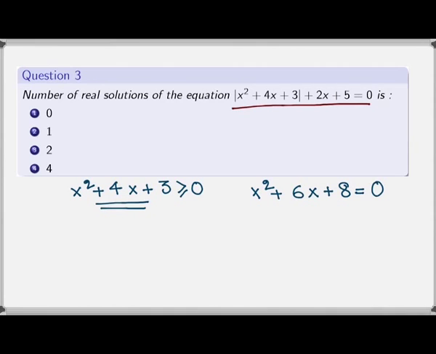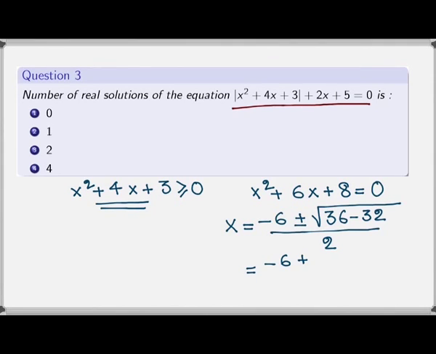Now when we solve this quadratic equation for x, we obtain that x = (−6 ± √(36 − 32))/2, which is the same as (−6 ± 2)/2.